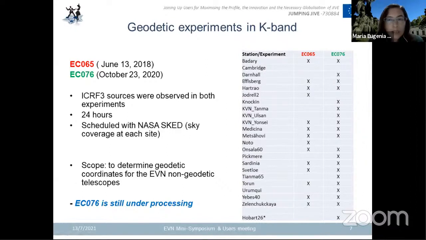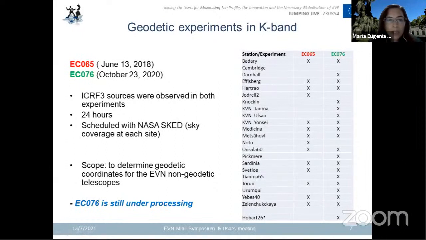Here is the list of all the stations that were included in each experiment. As you may see, we planned to include the MERLIN stations, but finally they participated but were not included in EC065, and we will try to include them in EC076 in processing.